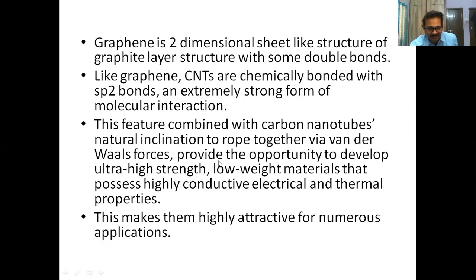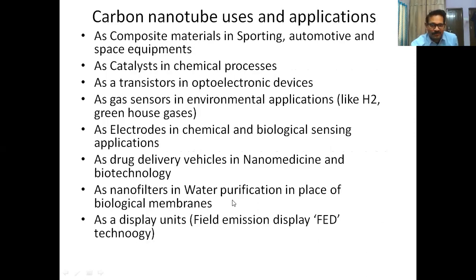These important properties make carbon nanotube materials attractive and finding a place in various applications. What are the applications? Especially sporting materials. We can take a tennis racket. This is a very light material, but its strength is very, very high.